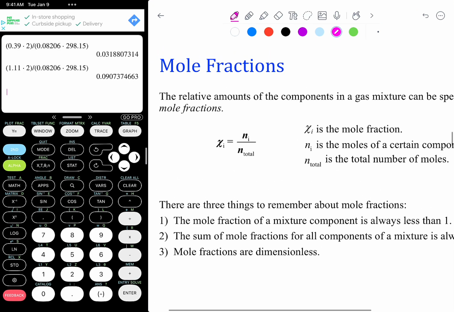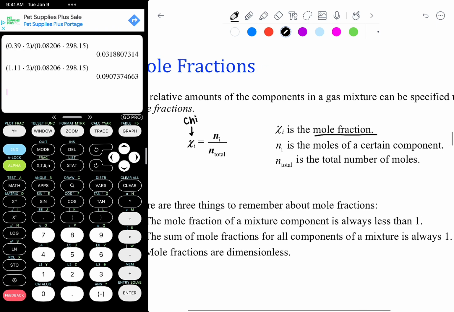This is chi, Greek letter chi, and it is the mole fraction, just saying that's how we represent mole fractions. And it's equal to the moles of a certain component, n sub i, divided by the total moles in the sample. So it's like a part over a whole in our gas mixture.